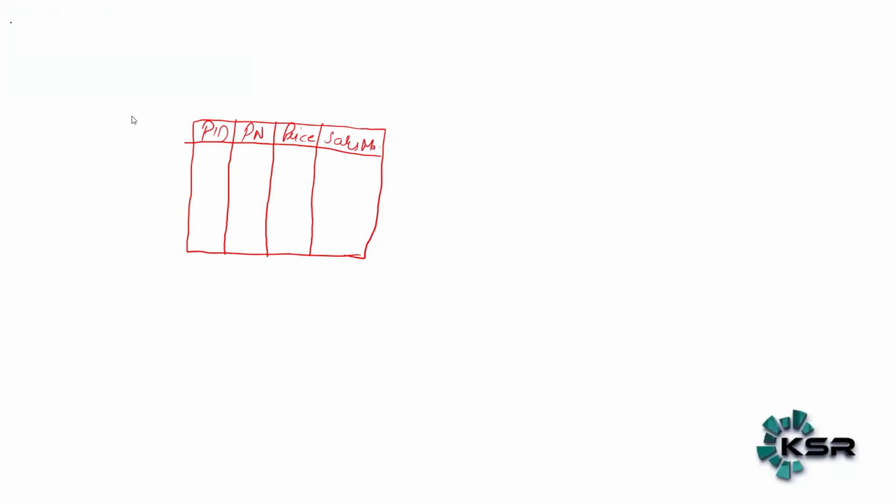Product ID will be 1, product name can be Acer, price can be $500, and suppose the sales manager is Deep. Then second, Dell, it is $5,000, and for this also Deep is there. Then third, fourth, fifth, and for this the sales manager is Mickey.